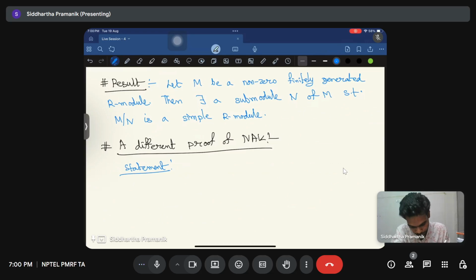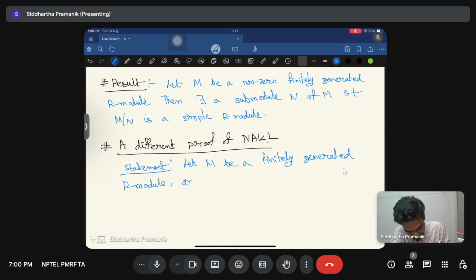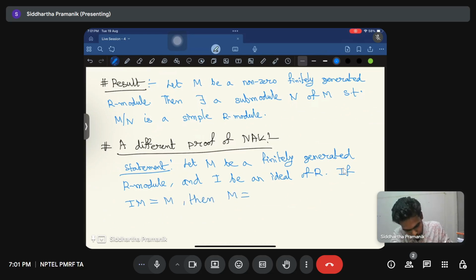Let M be a finitely generated R module and I be an ideal of R. If I M equals M, then M has to be 0.